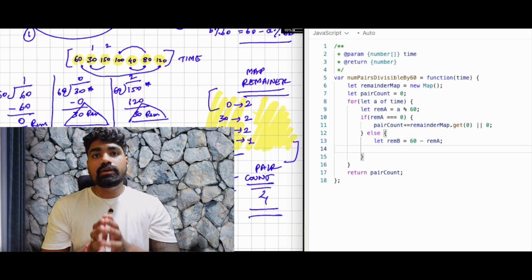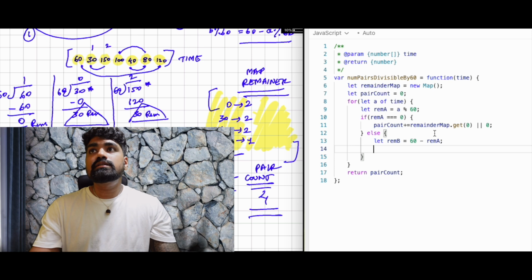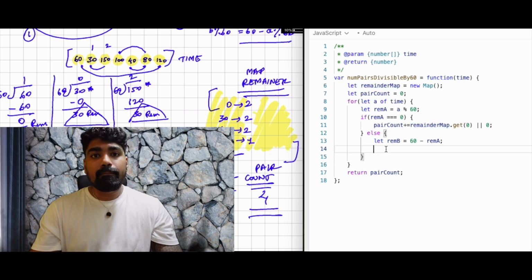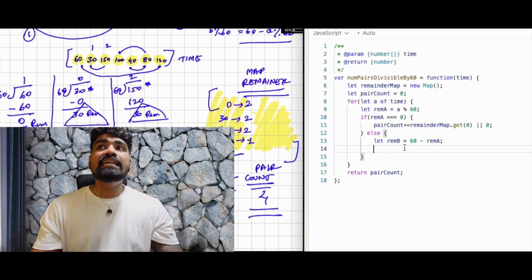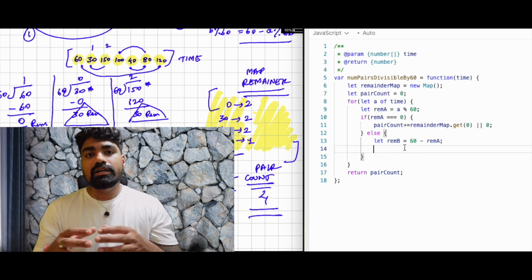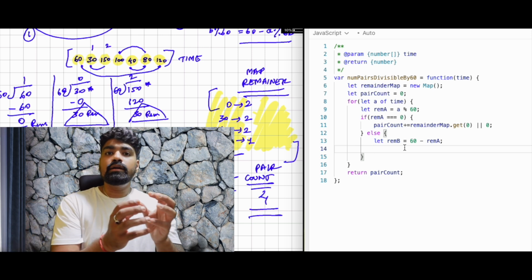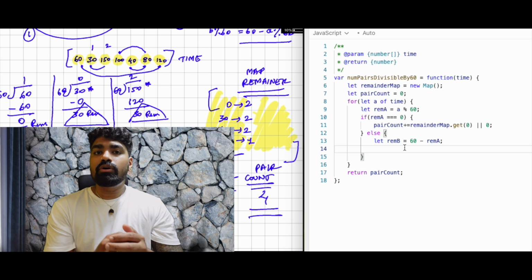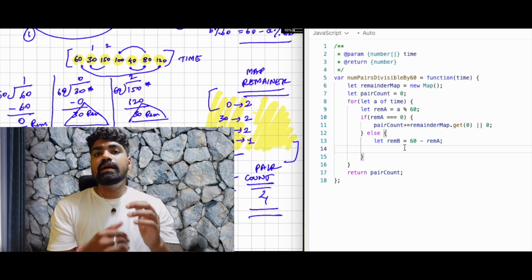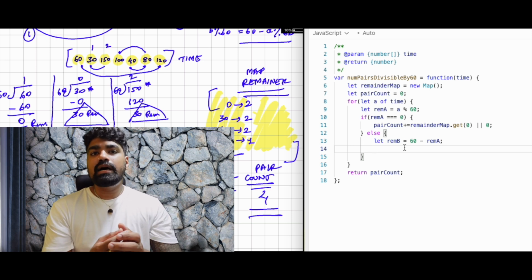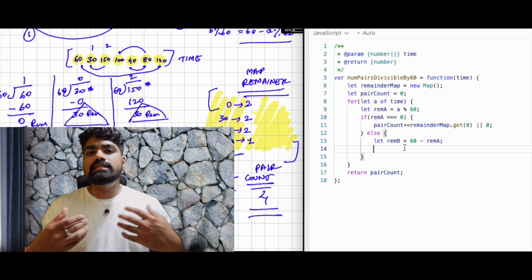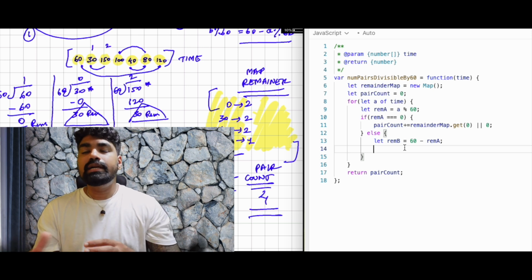To do that, we will take the value that we are looking for against the map and check if this remainder exists in the map or not. If it exists in the map, pick up that value and increment the count. Otherwise, just add 0 to that count.